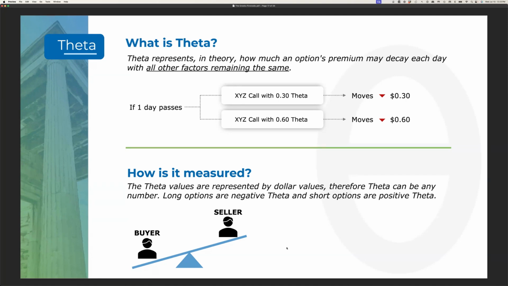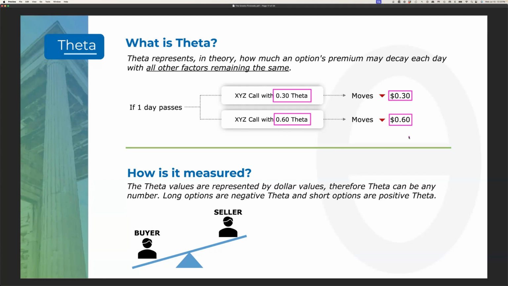So if you own an XYZ call and you see that it has a theta of 0.03, that means for every 1 day that goes by, that option is going to lose 3 cents in value. On the other hand, if you have another call option at a different strike price where the theta is 0.6, that means for every 1 day you own that option, the value of that option is going to decay by 60 cents.